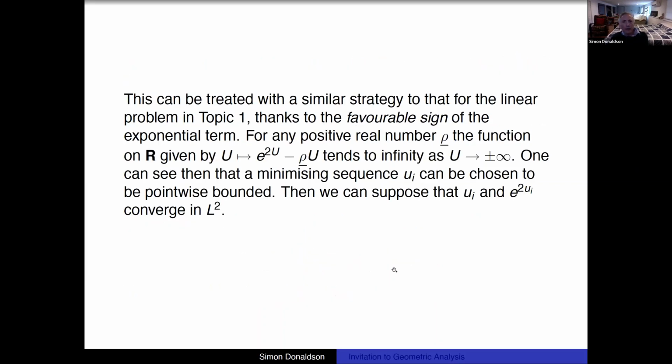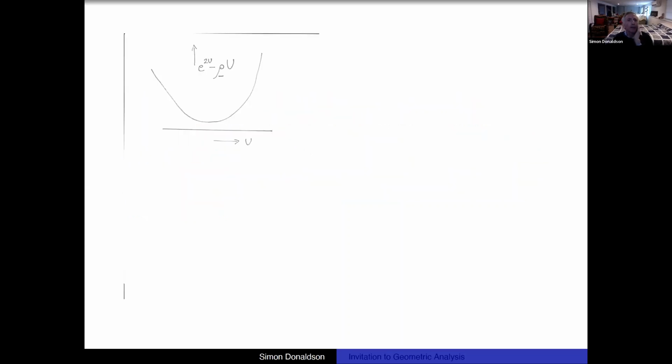So what you see, by elementary arguments, is that you can choose a minimizing sequence of functions which are pointwise bounded by some fixed constant above and below. Then the same arguments, going back to the definition of the functional, show that we can suppose that u, and in fact also e to the u, converge in L2. And again, with some more technical work, one can show that the limit solves the PDE.